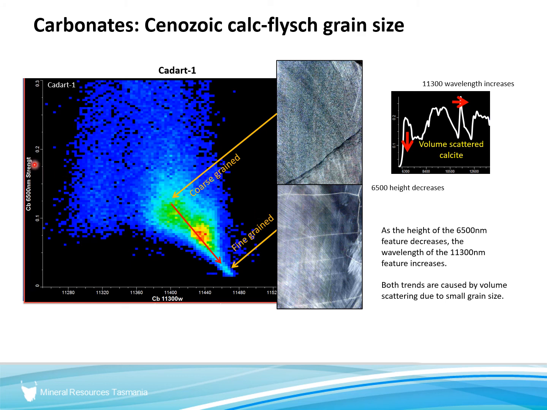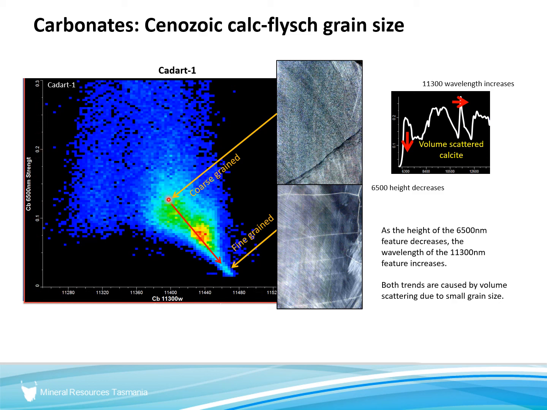This plot shows that as the grain size decreases, the spectra are affected in that the intensity of this peak at 6,500 is decreased when the grain size becomes smaller, and the wavelength of this feature here, 11,300, increases. So here they are plotted against each other, the strength of that 6,500 feature and the wavelength of the 11,300 feature.